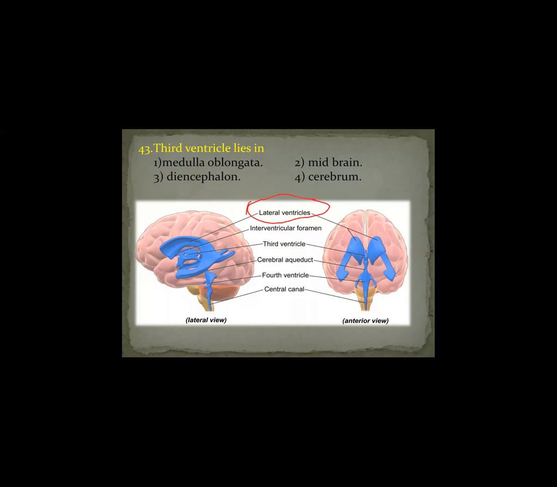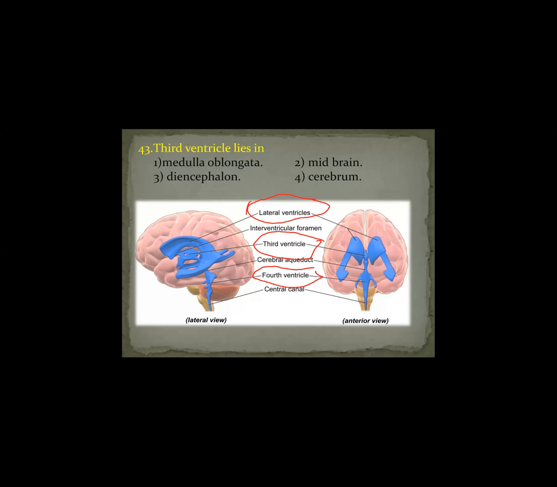They are present in the right and left cerebral hemispheres. And the third ventricle is called diocoele, that is present in the diencephalon. Next, the fourth ventricle is called metacoele or myelocoele, that is present in the medulla oblongata.